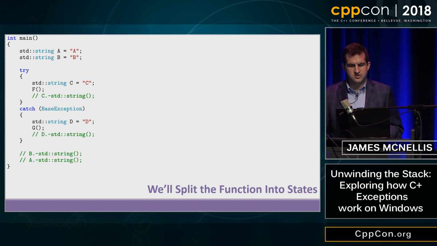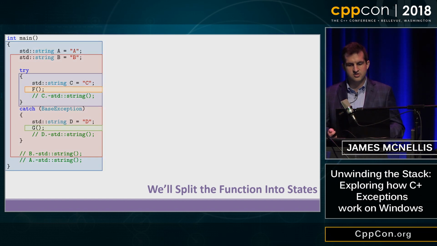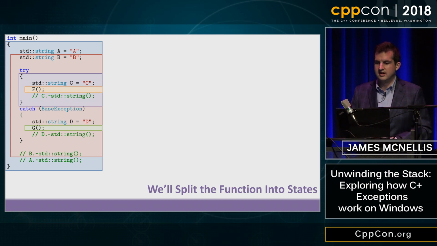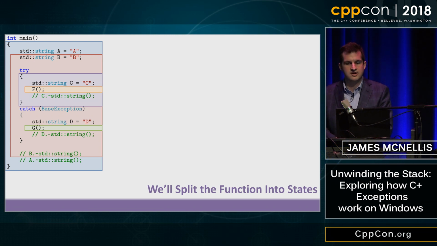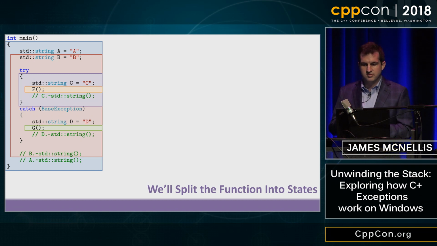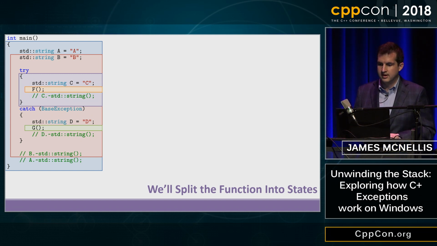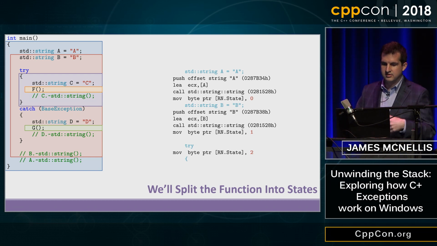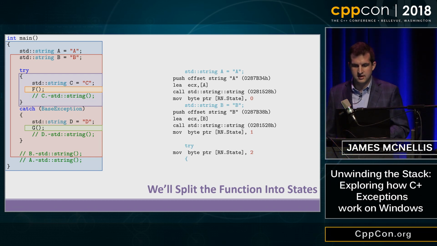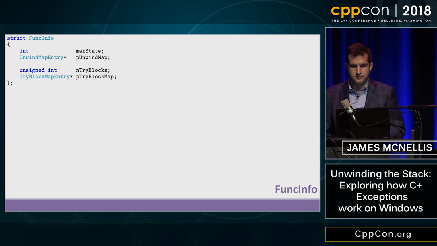So just like with structured exception handling, the compiler will split our function into a set of states. With structured exception handling, the compiler generated states for each structured exception handling try block in the function. With C++ exception handling, the compiler generates states for each C++ try block and also for each local variable destructor that might need to be called during unwind. And then here we can see it also generates the code to update the state as we execute through the function.